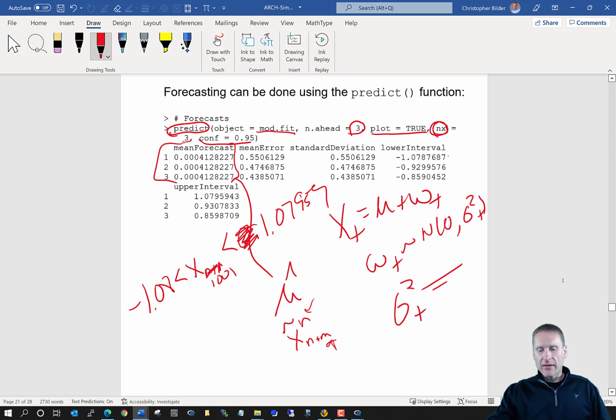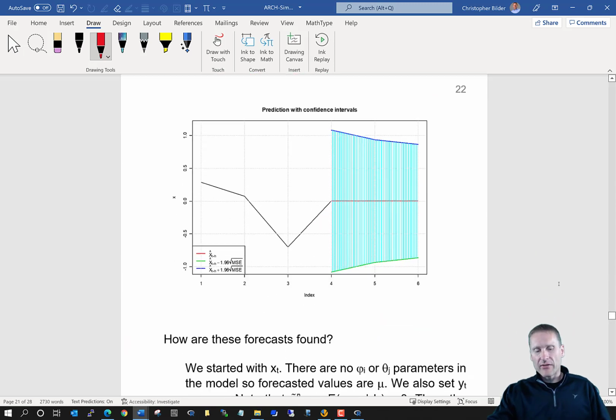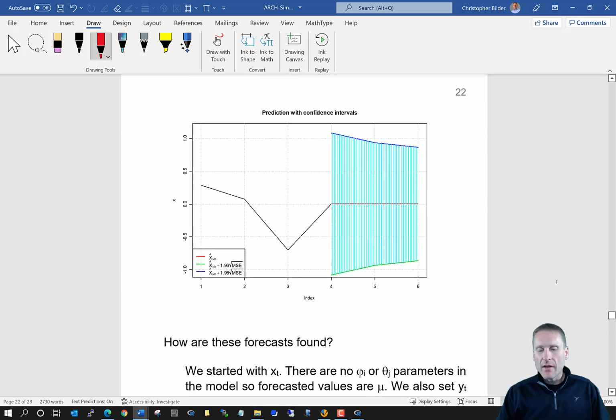How is this calculated? Well, first of all, let's take a look at the plot. This is time point 1000, and this is time point 1001. We can see the confidence interval bands there as well.